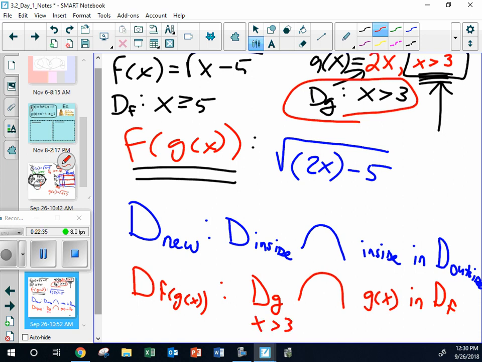It needs to be intersected with g of x, which is what? It's on the board. Just look for it. Where's g of x? 2x. 2x in, and what's the domain of f? Right there. X is greater than or equal to 5.